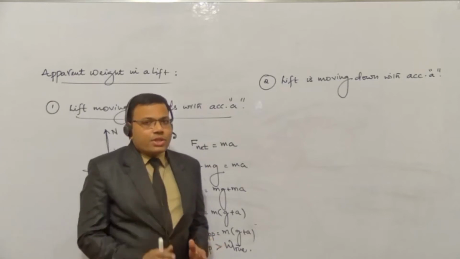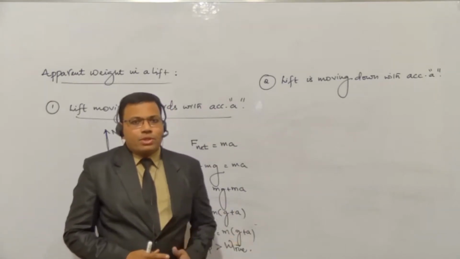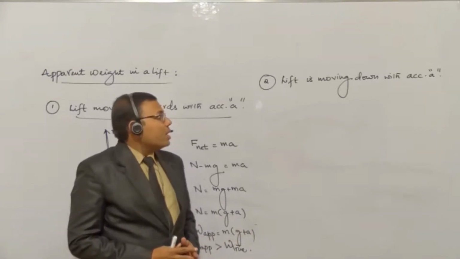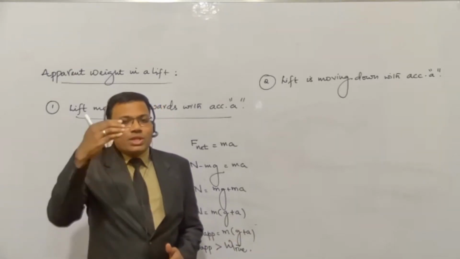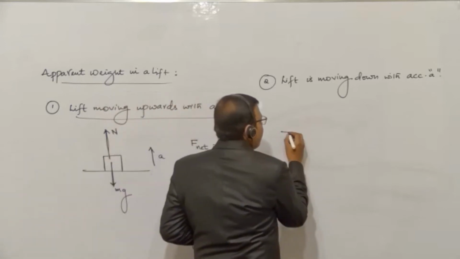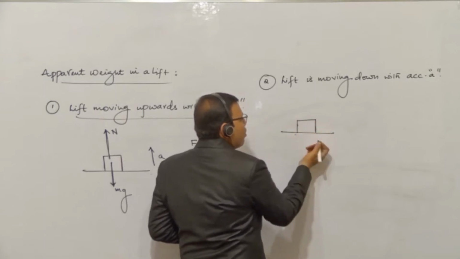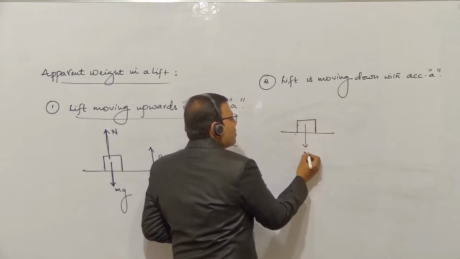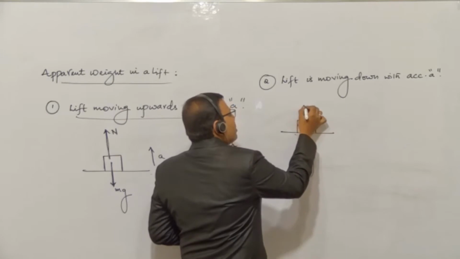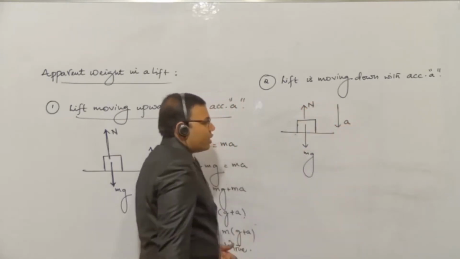The second situation under apparent weight in a lift: the lift is moving down with some acceleration a. Let us go for the diagram. Suppose this is the floor of the lift on which a block is there. Its weight mg, normal reaction upward, and the lift is moving down with an acceleration a.